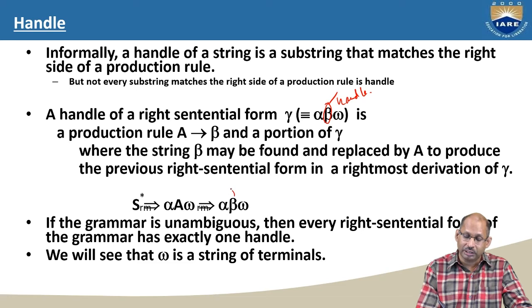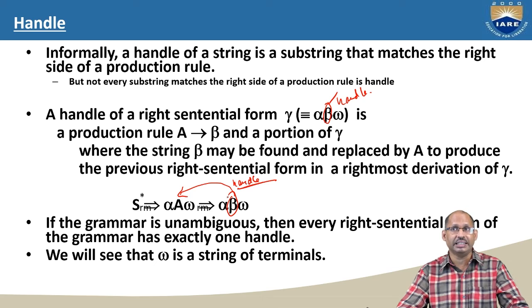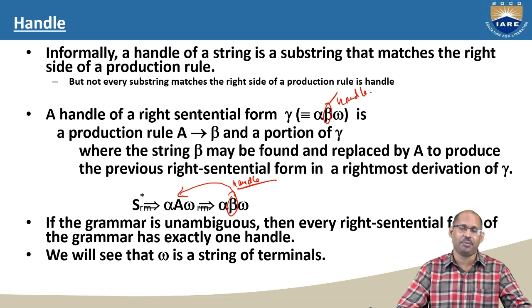This beta reduces to A, then this will be referred to as the handle. A beta is a substring which matches the right side of the production, which results in the previous step in the rightmost derivation.